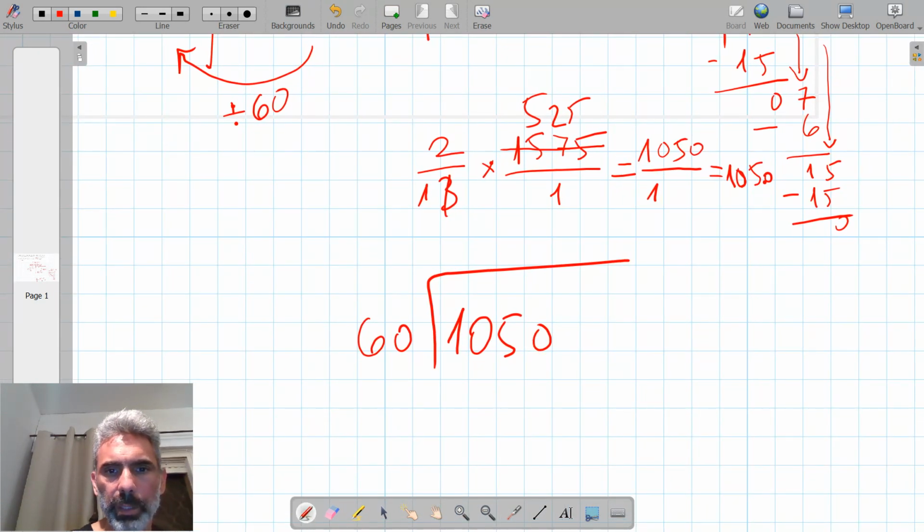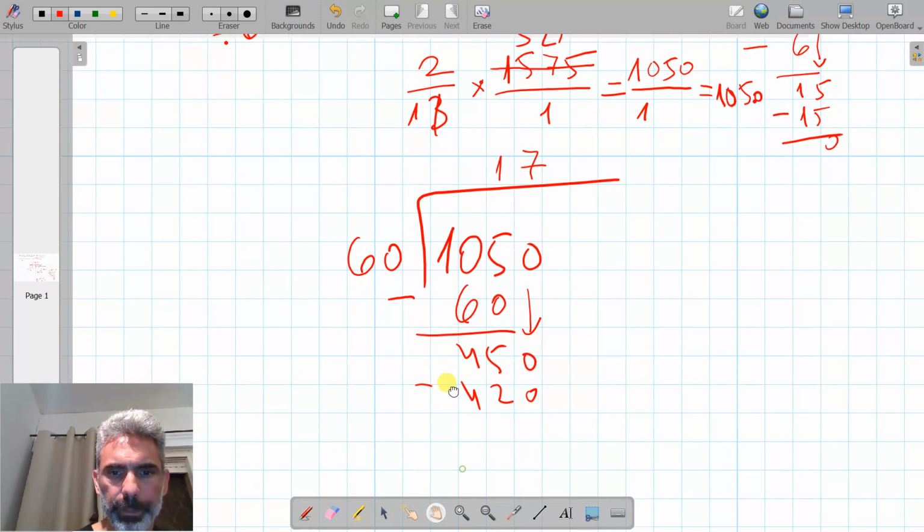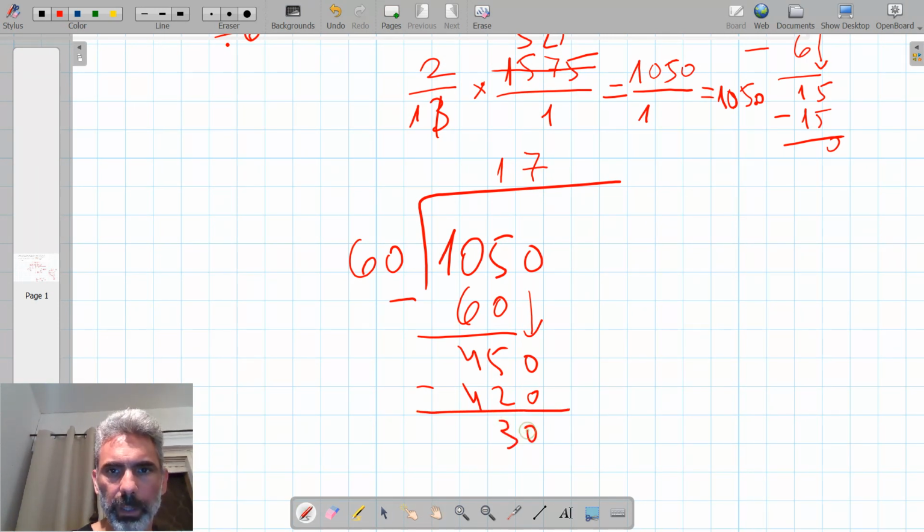is... 60 goes into 105 1 time, 1 times 60 is 60, subtract and 45 left, bring down 0, 60 goes into 450 7 times, 7 times 60 is 420, and the remainder of 30 over 60. 30, this is the remainder, divided by 60 is the same thing as 1 over 2, because 30 divided by 30 is 1, and 60 divided by 30 is 2.